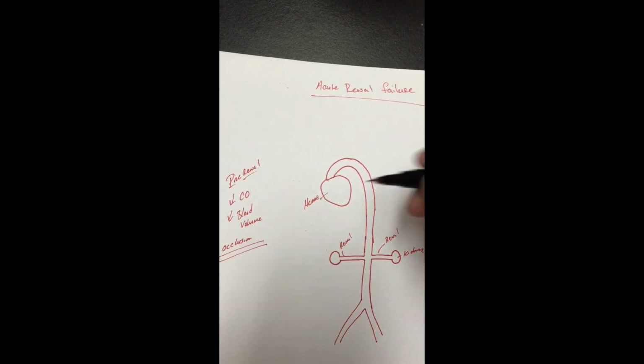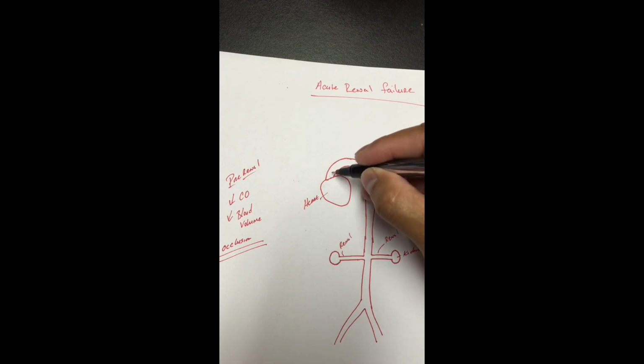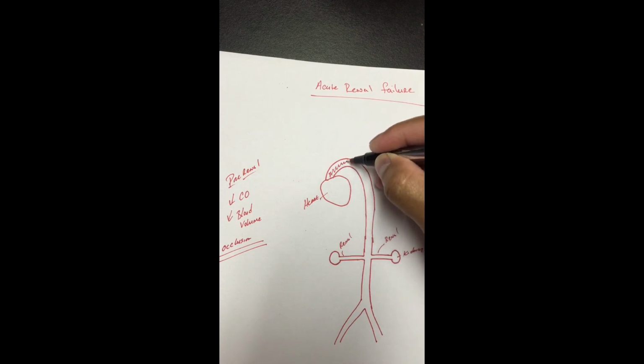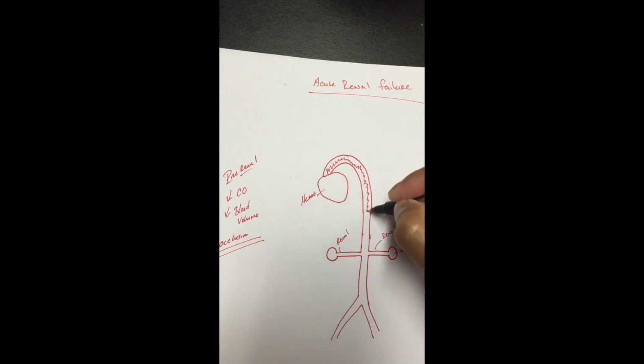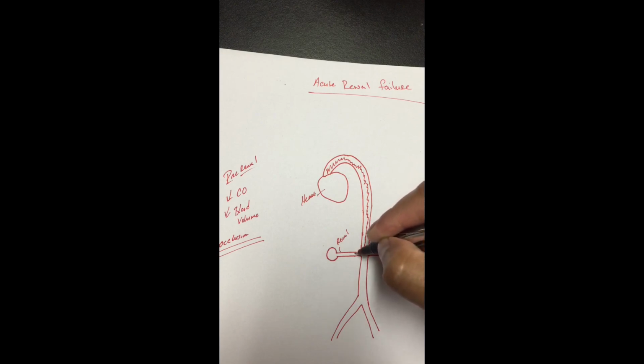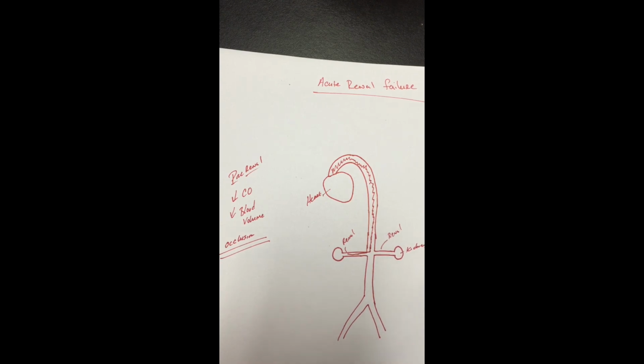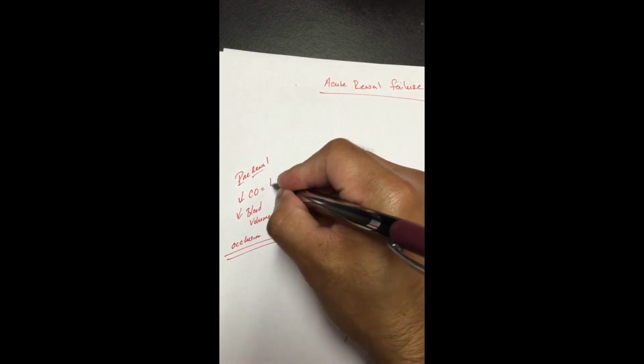Remember that, for example, the left ventricle is going to pump blood into the aorta. Blood is going to get pumped down. It's going to go into the renal arteries. The renal arteries are going to supply blood to the kidneys. Now, let's say that this patient has heart failure.